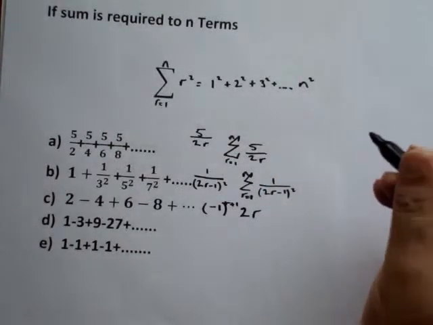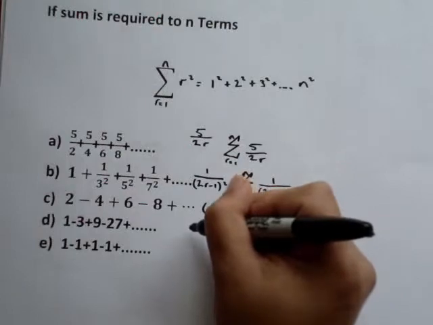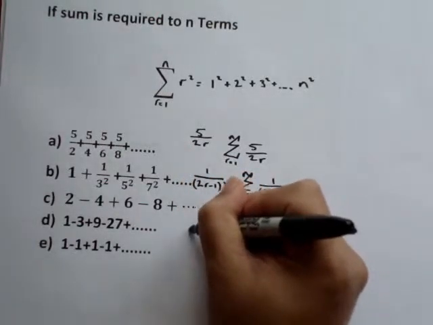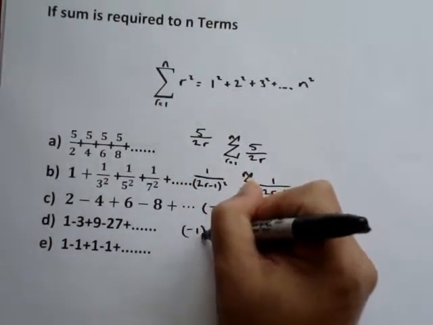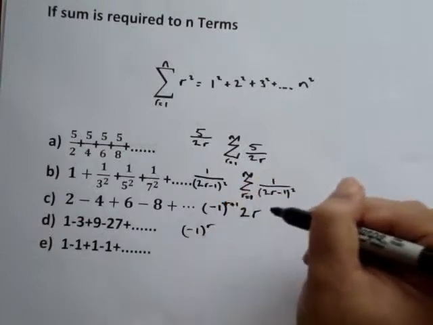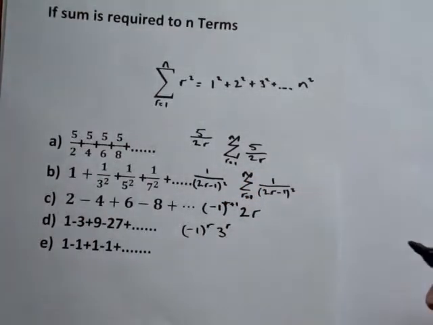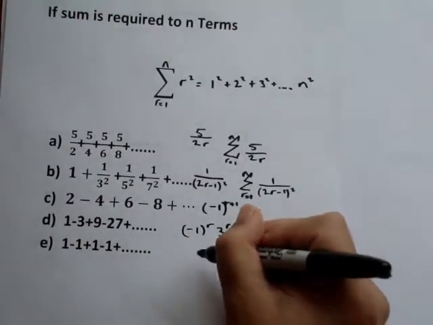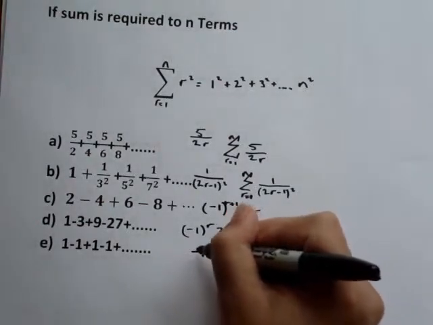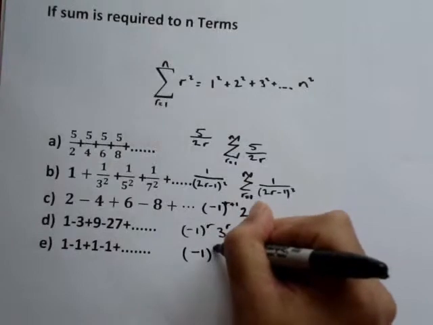Here we have the general term again, alternating minus and plus, so minus 1 to the r, 3r. Here we have the general term minus 1 to the r.